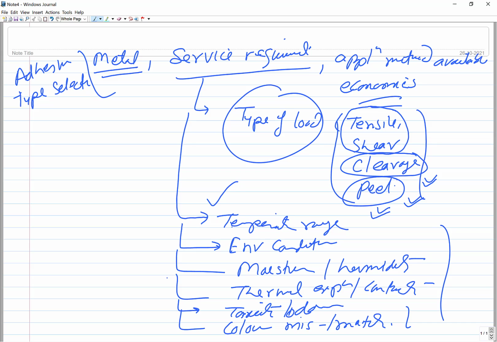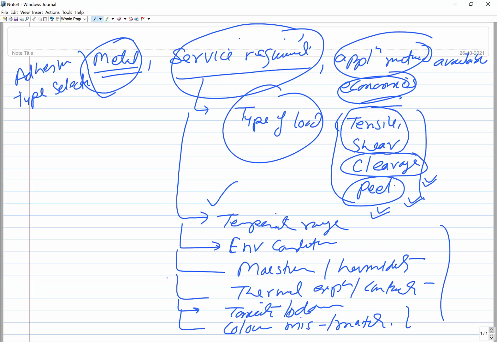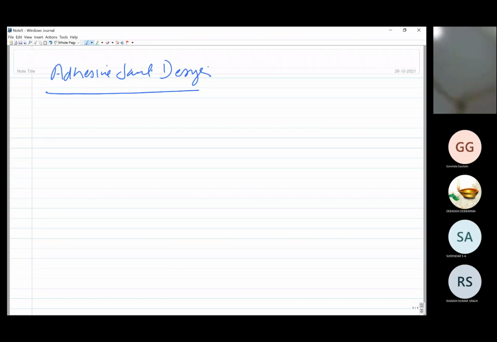So apart from the type of metal to be joined, the application method and economics, the service condition plays a very significant role in the choice of the suitable type of adhesive.